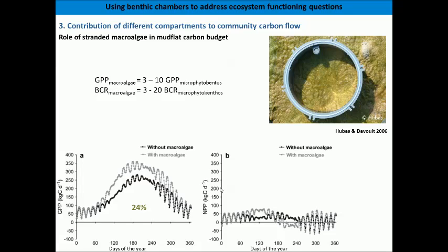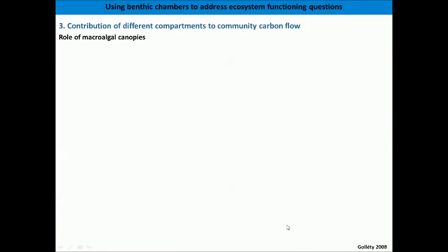But when looking at the net primary productivity, the macroalgae were only responsible for 12% of the annual budget, showing that on an annual basis, the role of the macroalgae is limited, and this was due to their role being restricted mostly to the summer period.